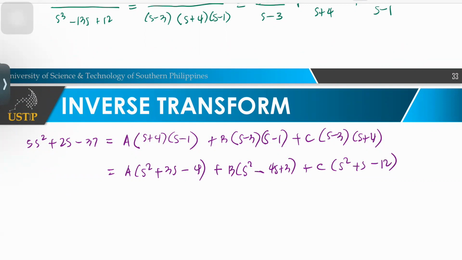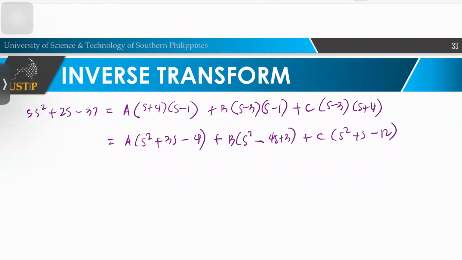And then all we have to do is group everything: the s squared terms, the s terms, and all the constants, as different groups. First we group all the coefficients of s squared. So that is A, in the second term plus B, and in the third term plus C. So that is s squared.